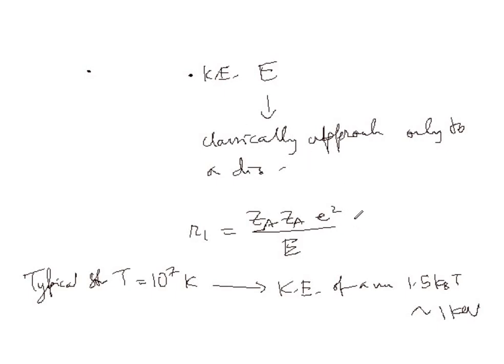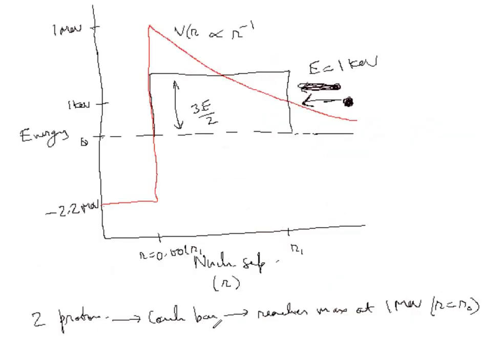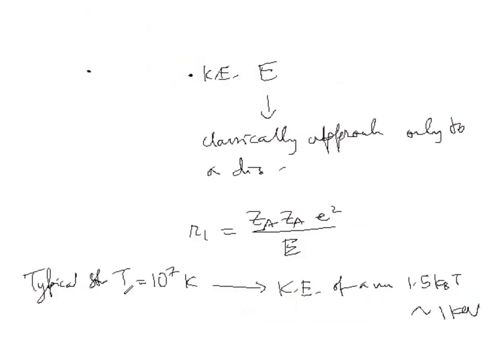Now the characteristic kinetic energy is thus of order 10 to the power minus 3 of the energy required to overcome the Coulomb barrier. Remember, the Coulomb barrier is of the order of 1 MeV, and the kinetic energy is of the order of 1 keV, so 1000 times lower.